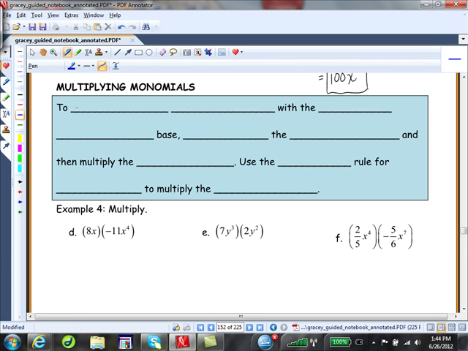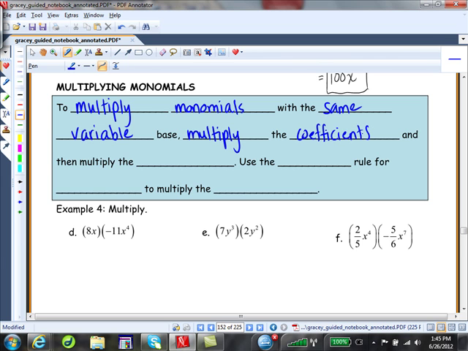So, to multiply monomials with the same variable base, multiply the coefficients and then multiply the variables.